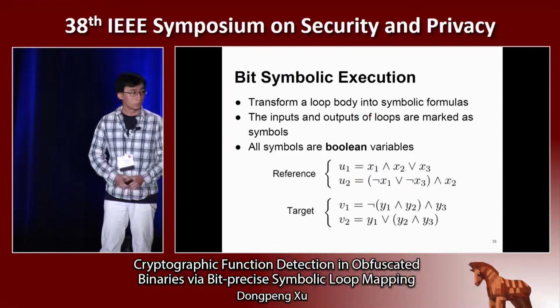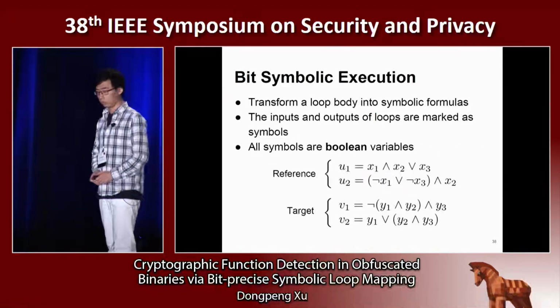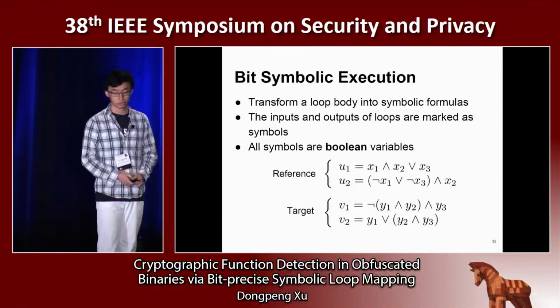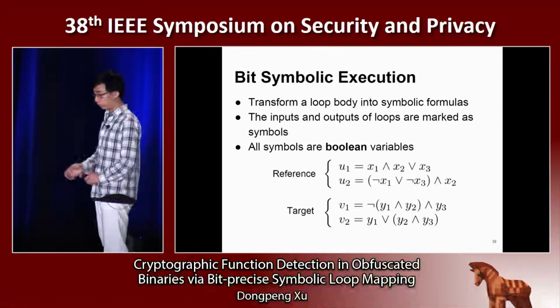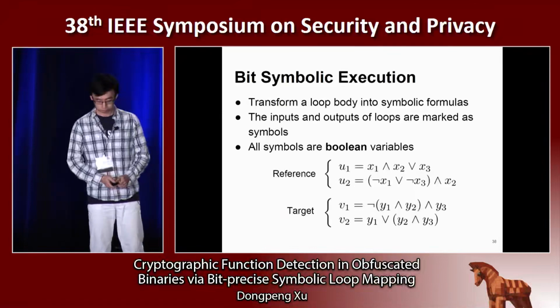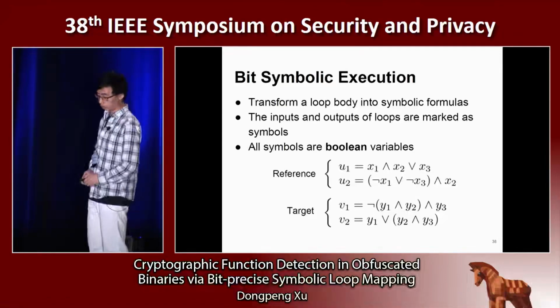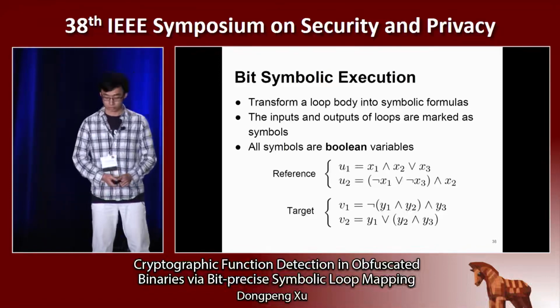After we extract the loop bodies, we run a bit symbolic execution on the loop bodies to transform them into Boolean formulas. So here is our core contribution. We actually extract the fine-grained semantics of a crypto function. In all those formulas, the variables are all Boolean variables.